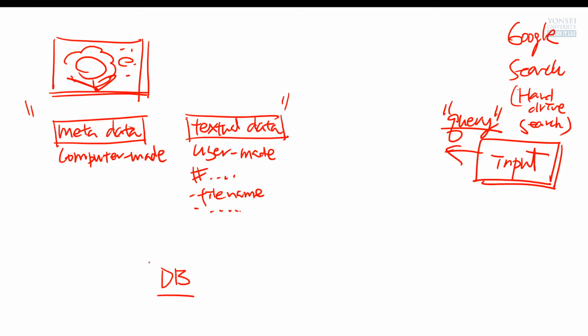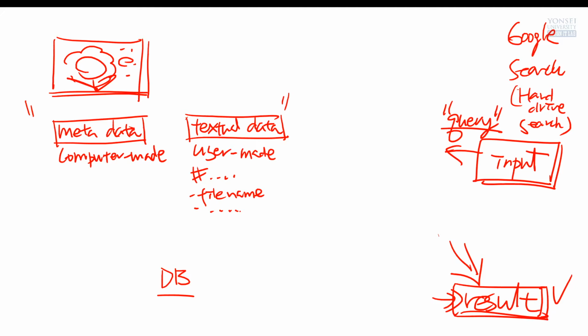Among those data, you query using a keyword, and then you get your result. You are expecting a very good result, exactly what you want to find. If that result meets the requirement of your query, you're going to be happy, right? And then you're going to use it for whatever.